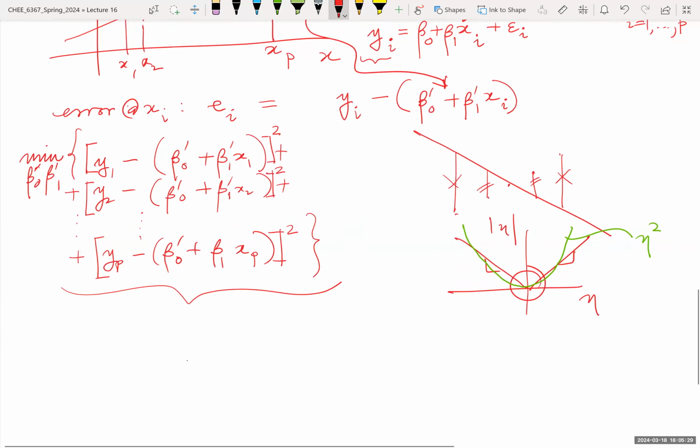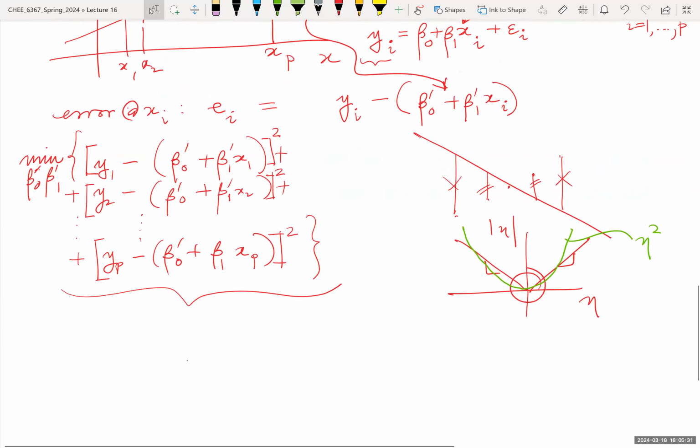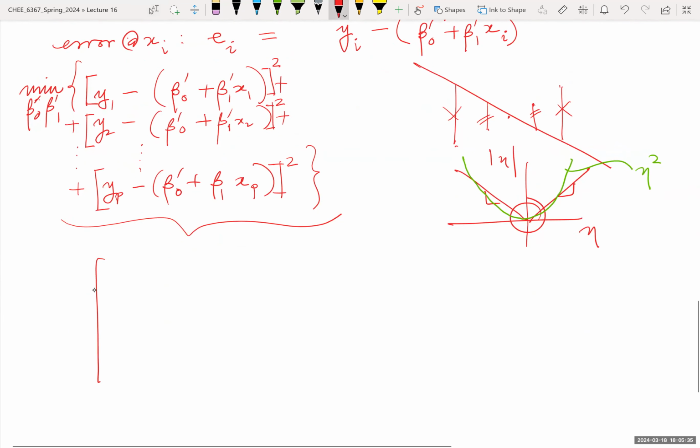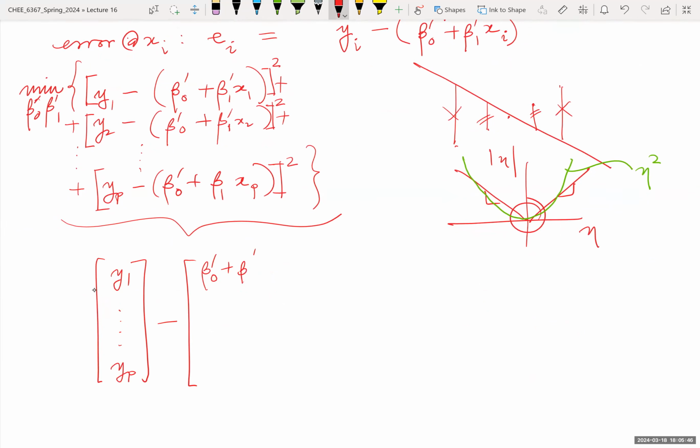So this expression here turns out to be the norm of the following vector. It's the vector y1 all the way to yp minus beta 0 prime plus beta 1 x1, all the way to beta 0 prime plus beta 1 xp. So this vector is the error vector.